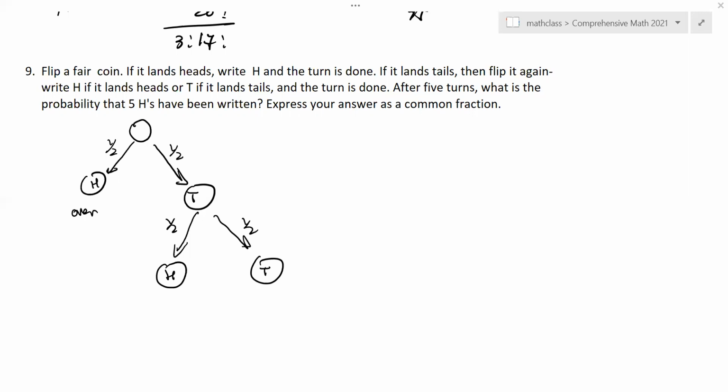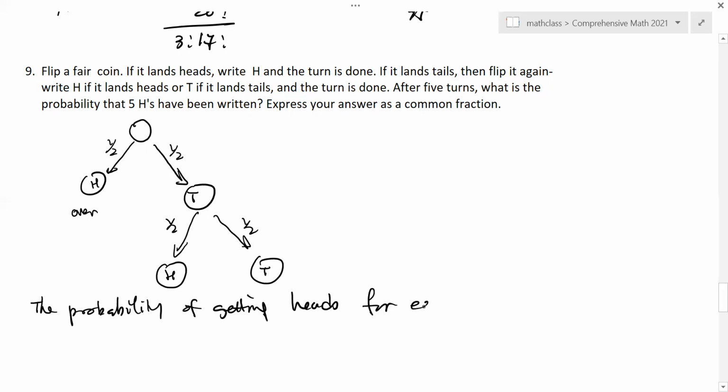So each time, you can figure out the probability of getting heads. The probability of getting H on the first flip is 1/2.